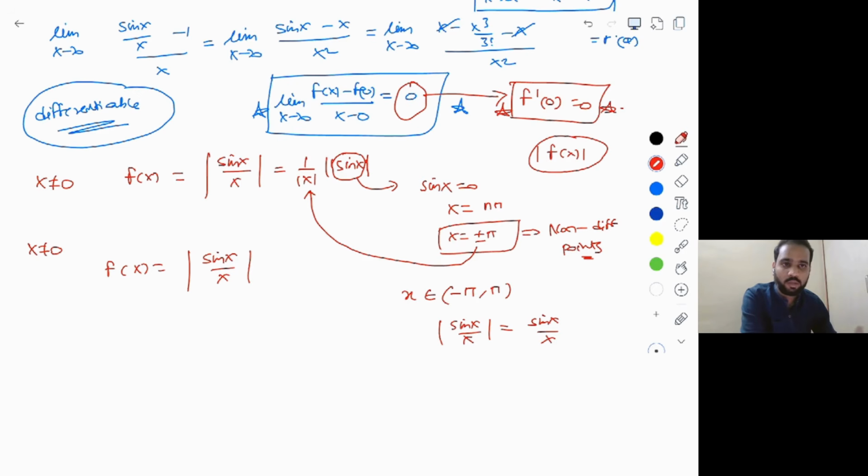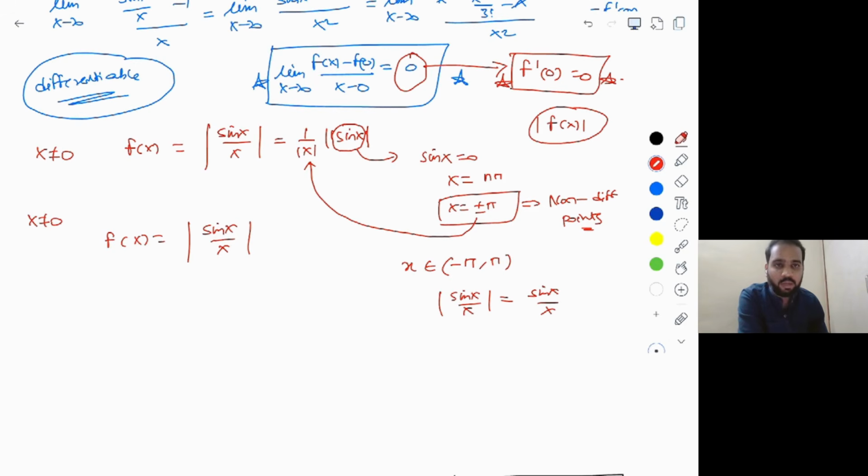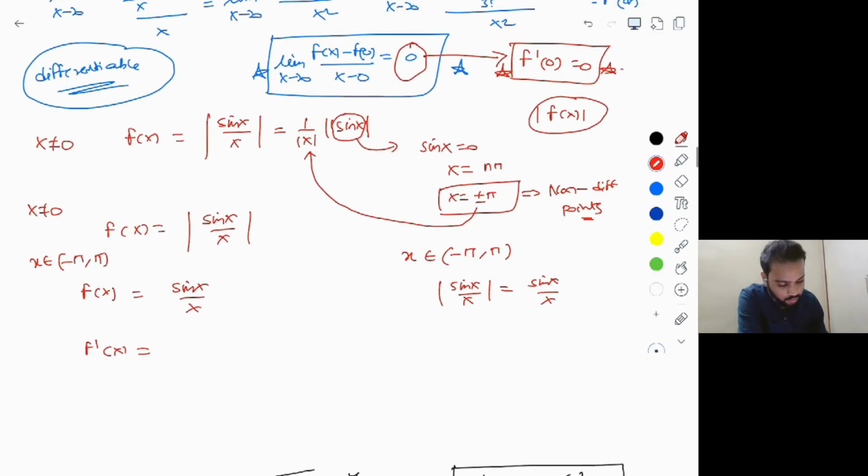That is why modulus of sin x by x can be written directly as sin x by x. So I'm going to take that case and you try to find out the remaining cases by yourself. Okay, so in this case, when x belongs to minus pi to pi, I'm going to get f of x equal to sin x by x. Now let's start differentiating and equate it to 0, because critical point means the derivative can also be equal to 0.